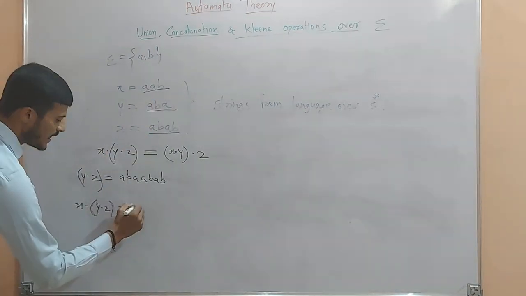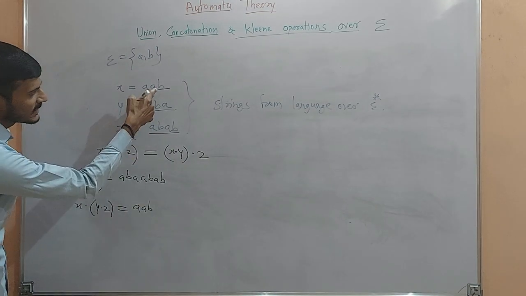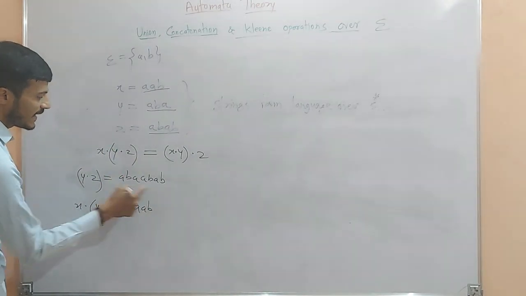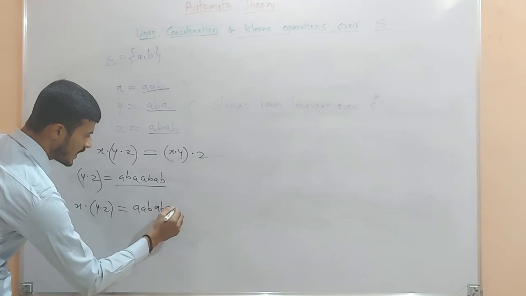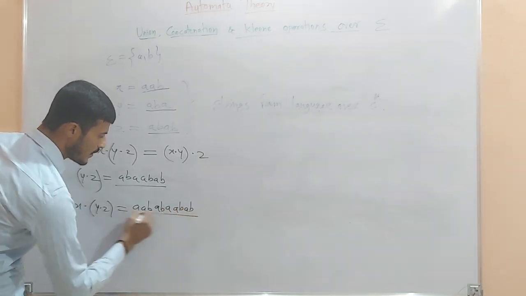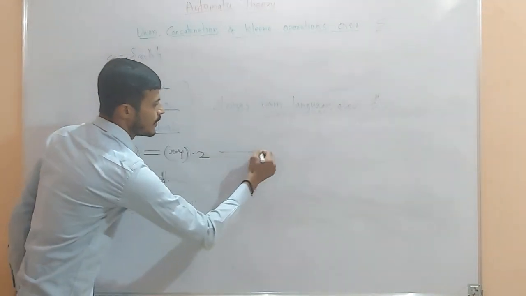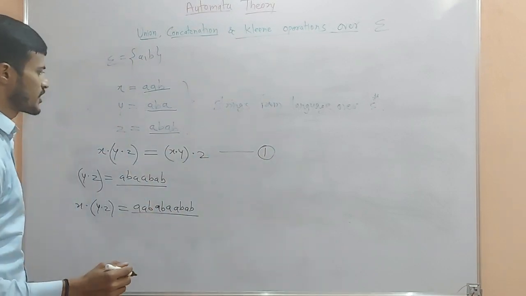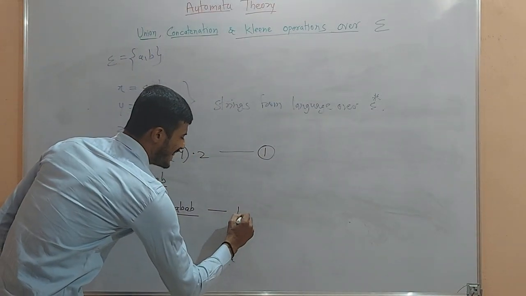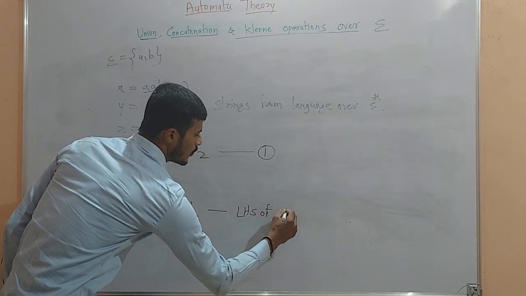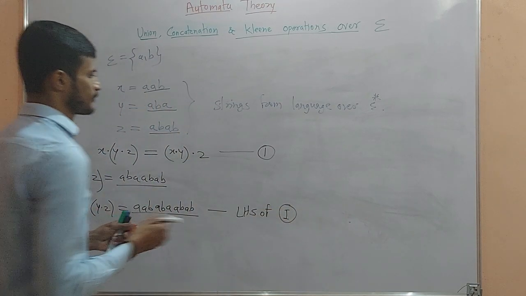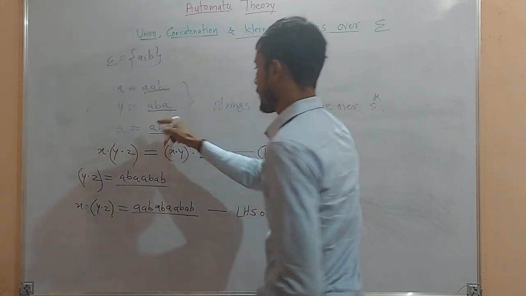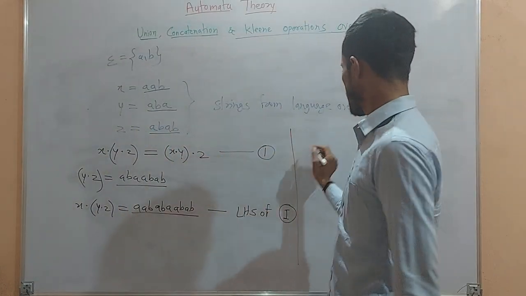The result will be AAB, I have taken this string, and then this result I have to take over here, so it will be ABA, ABAB. So assume this as equation number 1. So that is the LHS of 1. So let us go for the RHS. So what is the RHS?